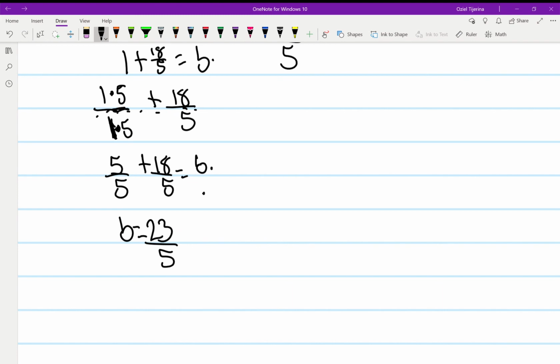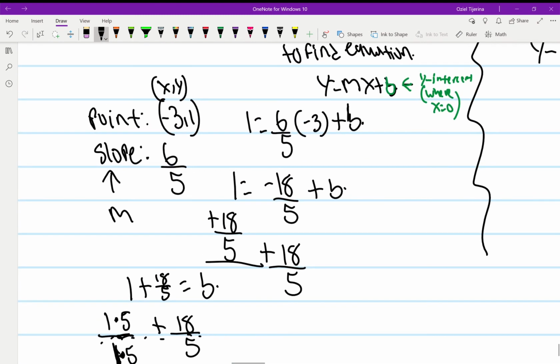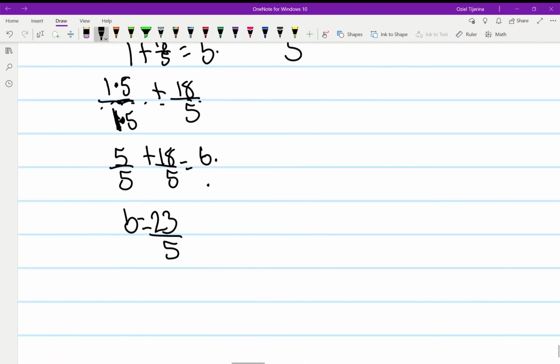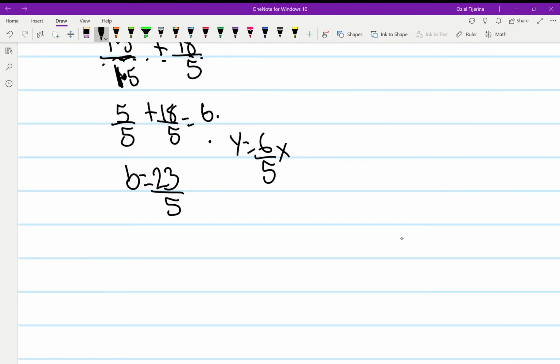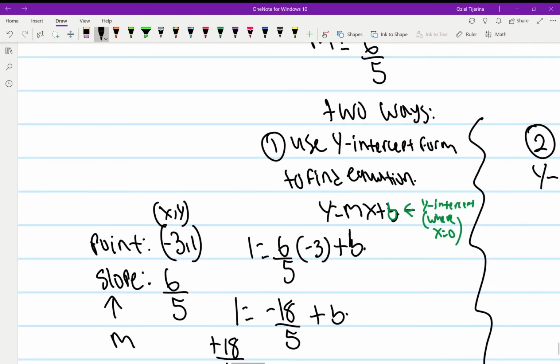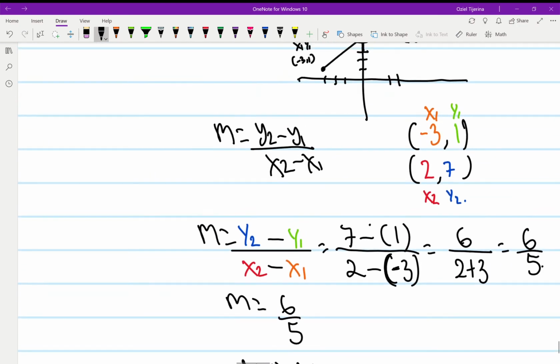So our slope, we found it earlier, it's 6/5, okay? So we have y equals 6/5 x plus 23 over 5, okay? So this is our equation for this problem here.